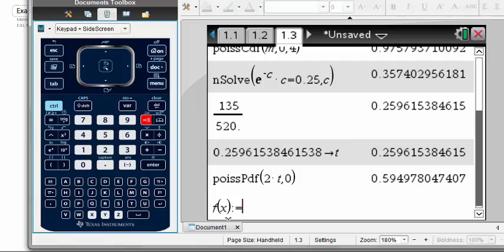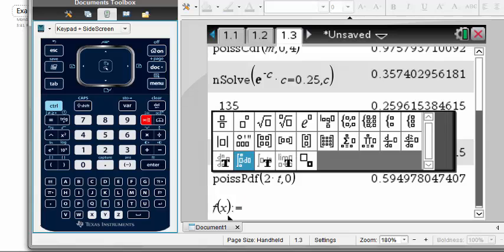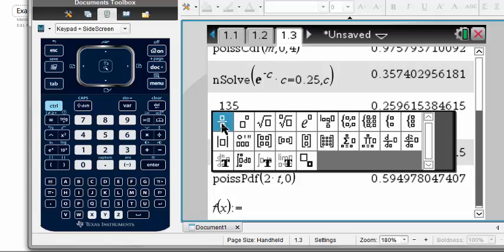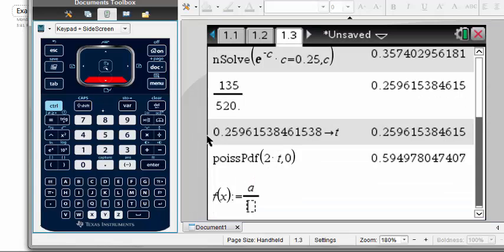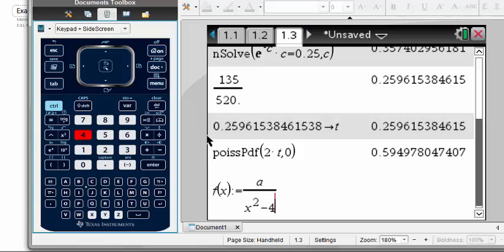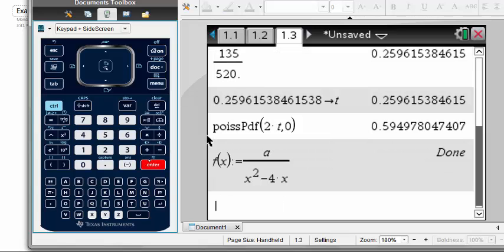F of x is going to be a over x squared minus 4x. And I push enter and it says done. Yes, a defined function f of x.